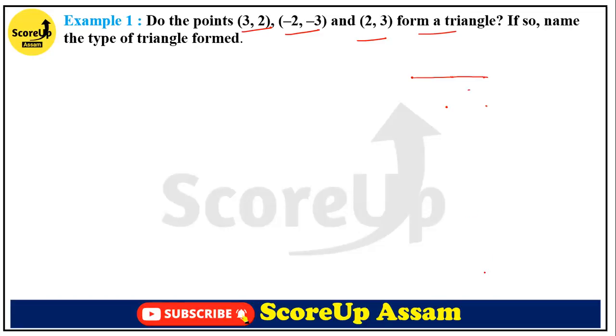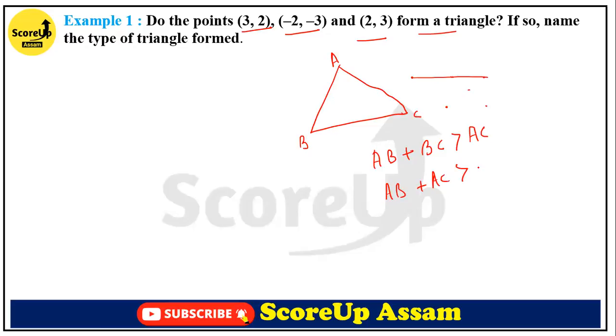There is another method. Suppose this is a triangle ABC. All of you have studied that the sum of any two sides is always greater than the third side. That means AB plus BC is greater than AC, or AB plus AC is greater than BC, or BC plus AC is greater than AB.